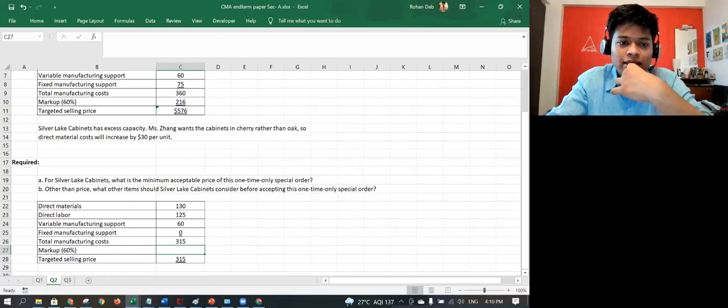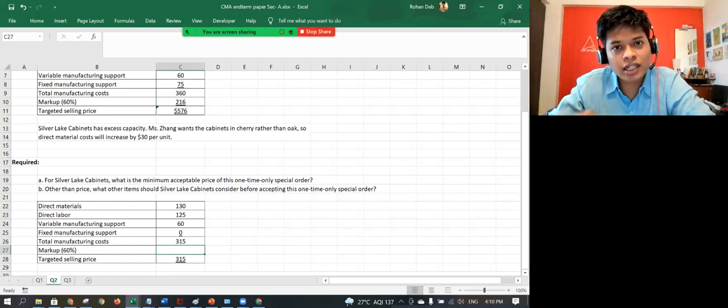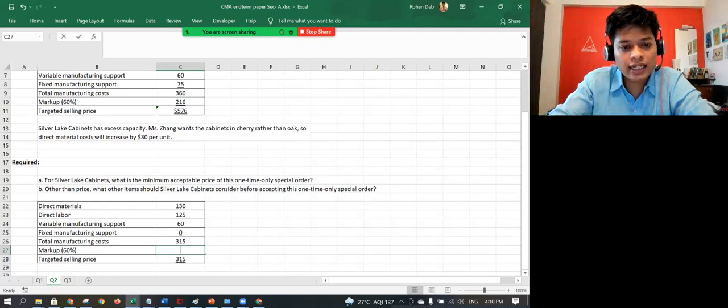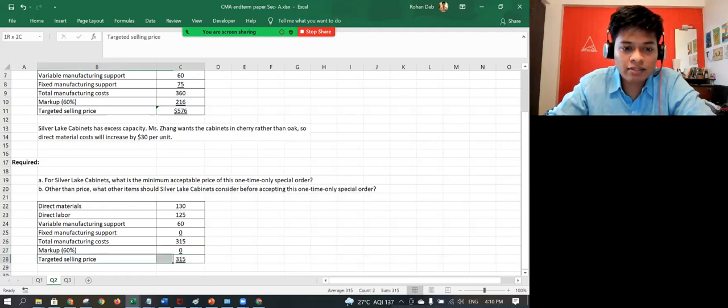Now the thing is, if I'm giving him the minimum acceptable price, that should be 315, because at 315 my contribution is 0, and I'm not making any losses. So I'll not take any markup also, and I'll sell the product at 315. Okay, so that is my minimum acceptable price.